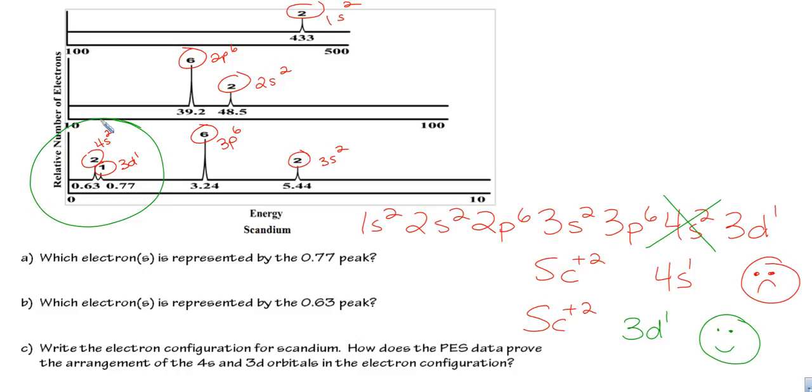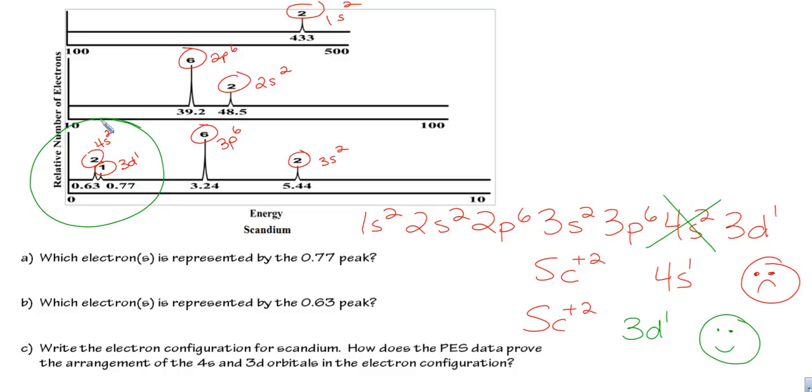And so technically, this 4s orbital is lower in energy than the 3d. But when it comes to removing electrons, we really have to think about the overall atomic structure. Those 4s electrons are further from the nucleus, so their ionization energy is less.